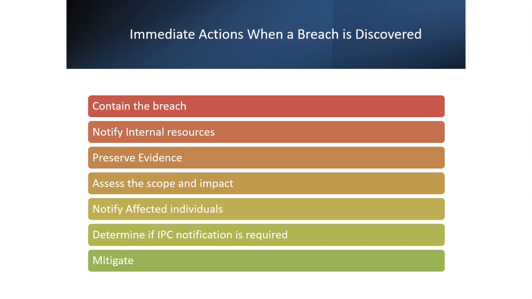So next thing is assess the scope and impact. So again, like I said, this is where there's a little bit of overlap between the areas. So you're going to be doing a lot of these things at the same time. So assess the scope and impact: what information was involved, type, volume, sensitivity, and then whose information was involved.